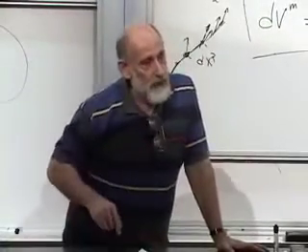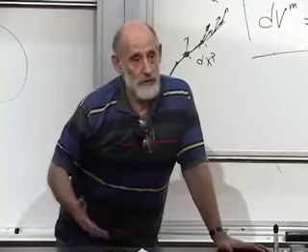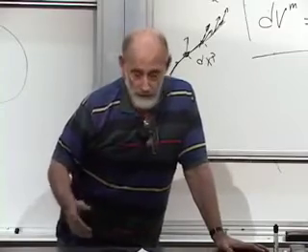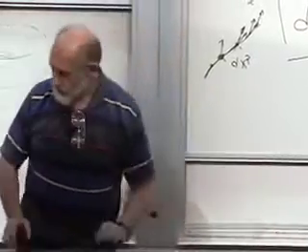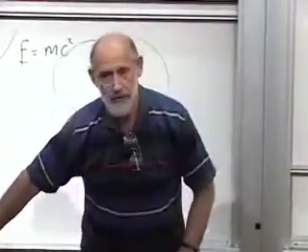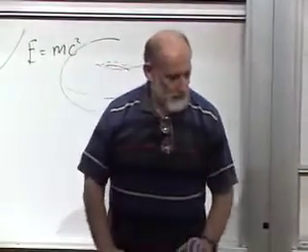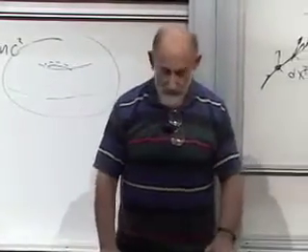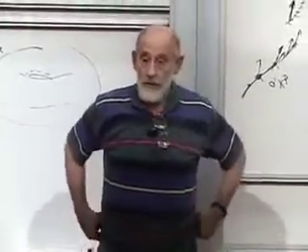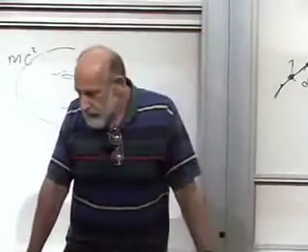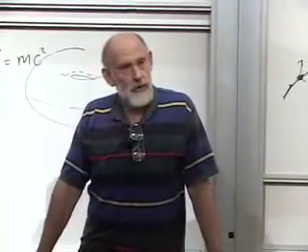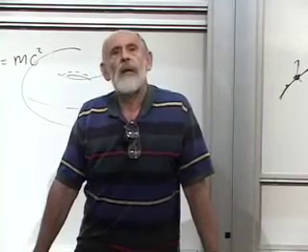Solutions of F equals ma are essentially just geodesics in space-time. That's the goal for the next couple of lectures, and then we'll try to study some particular examples, in particular the Schwarzschild geometry of a chunk of mass. And I'm not sure where we'll go after that. Any questions?